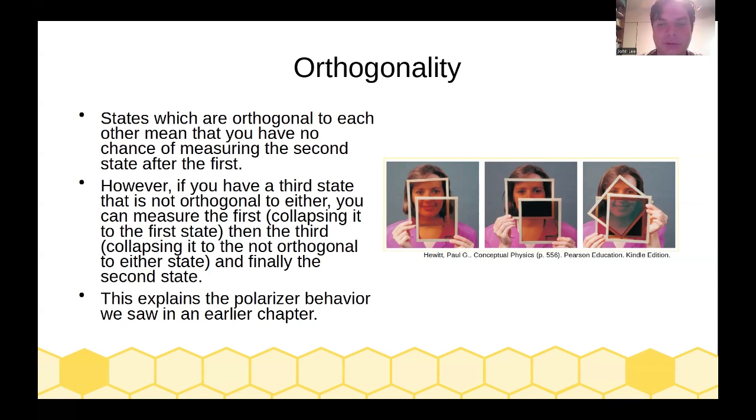However, if you take a measurement and polarize the photon in a certain way, and then take a measurement that polarizes the photon at 45 degrees between the two orthogonal polarizers, then that means that it switches from one state to that 45-degree state, and then it switches again to the orthogonal state, which allows there to be measurements which are contradictory to each other as long as you go from one state to another state to the third state.